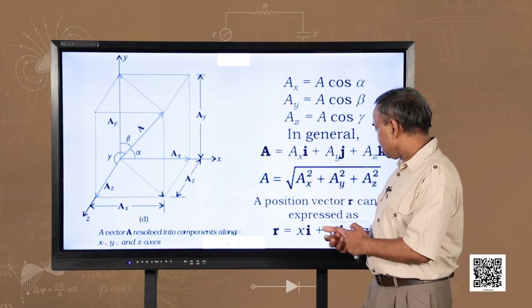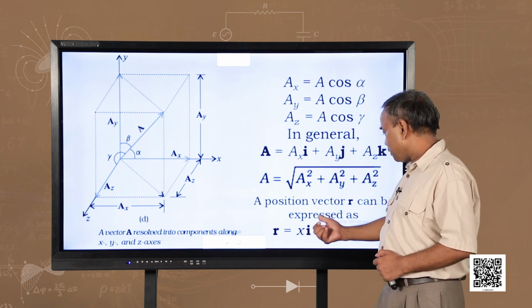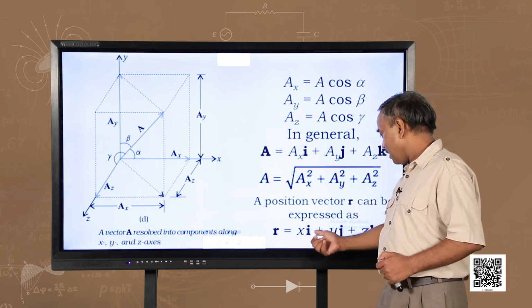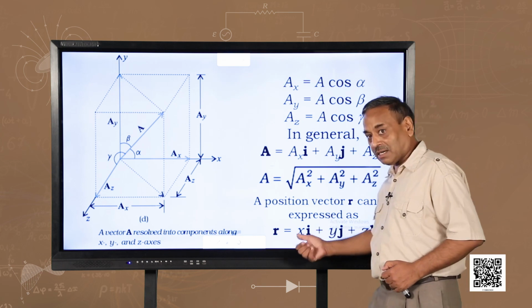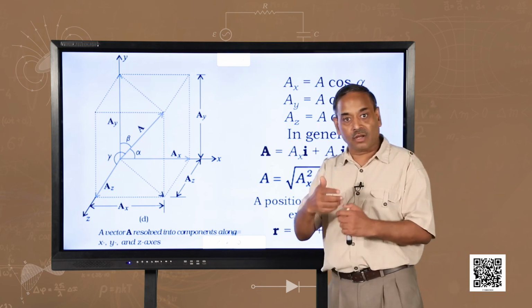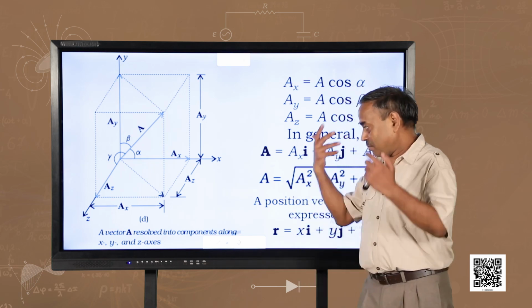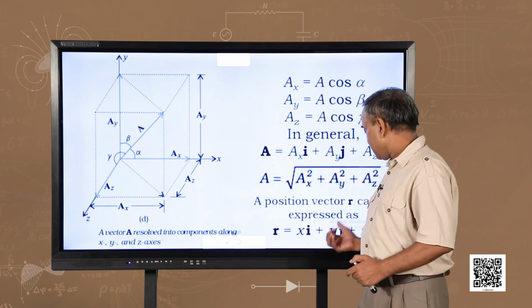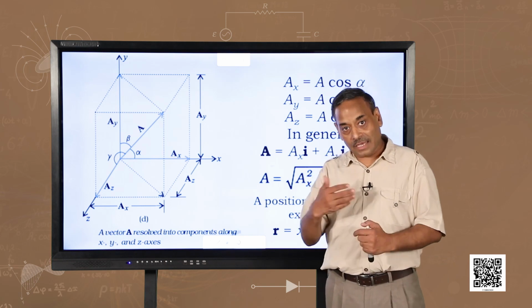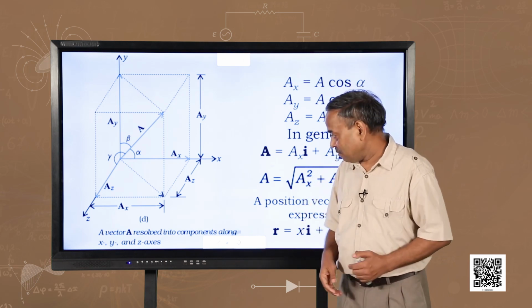So, a position vector r can be expressed as r is equal to x i plus y j plus z k. What are x, y, z? These are the components along x axis, y axis, z axis respectively. Now, needless to say that i, j, k are the unit vectors along x, y, z directions respectively.